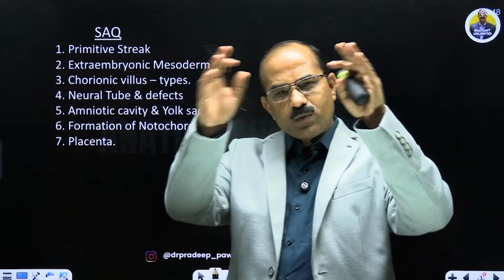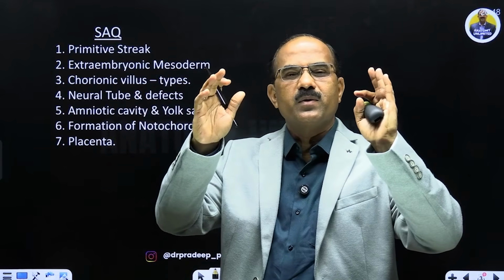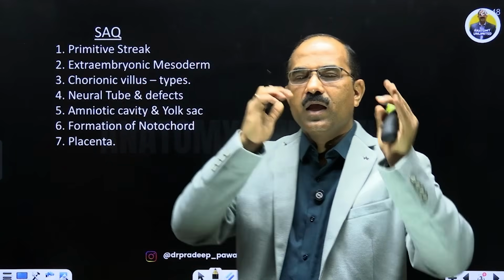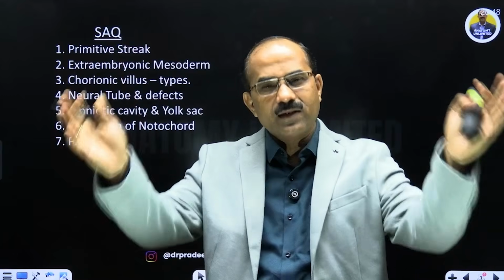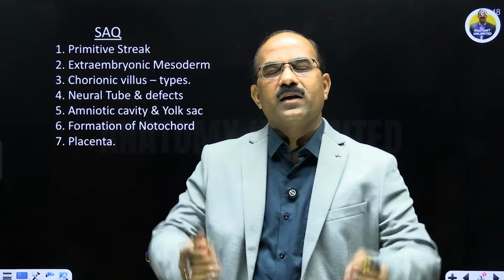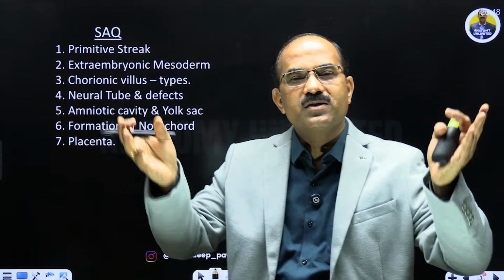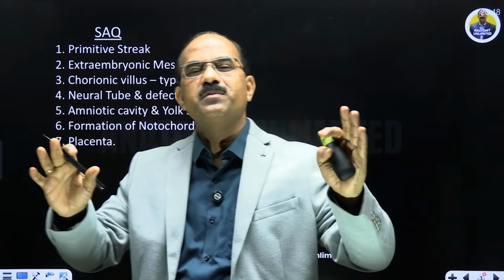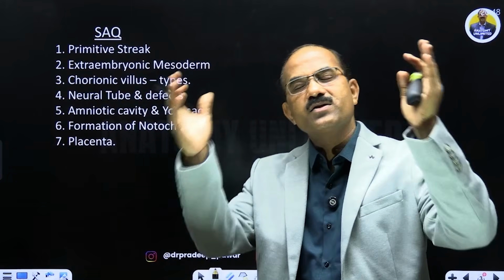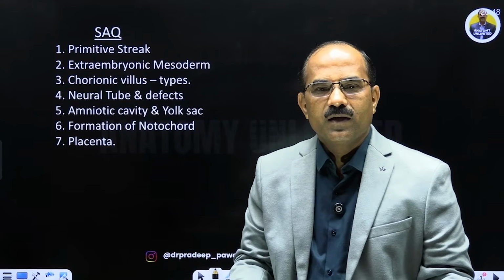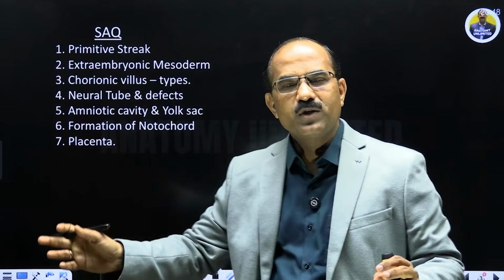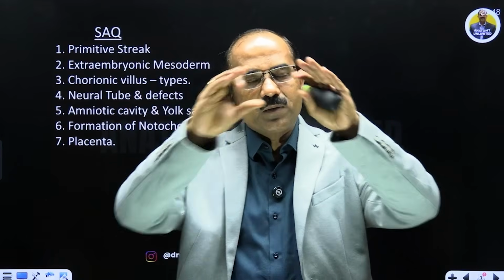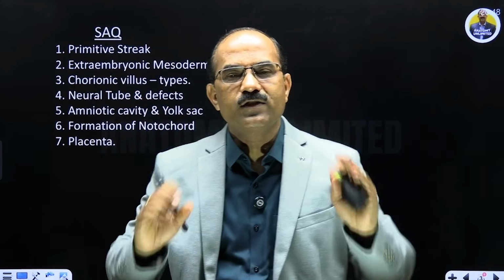Second, extraembryonic mesoderm. Extraembryonic mesoderm is the one which is outside the embryo, between the amniotic cavity, yolk sac, and the cytotrophoblast. Now there are cavities which are formed here. The extraembryonic coelom is formed, which divides the mesoderm into a splanchnopleuric and a somatopleuric layer. Same as about the intraembryonic mesoderm, which is between the ectoderm and the endoderm on either side of the notochord.